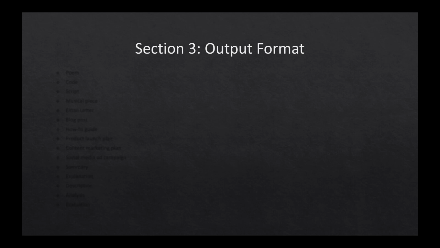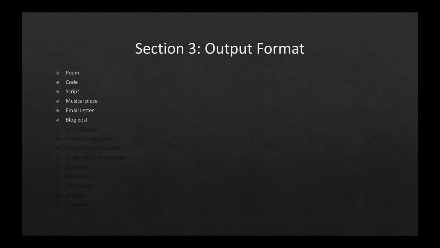The third section is the output format. Some of the commonly used output formats are a poem, if you want the output content to be a poem, a code snippet, script, musical piece, or an email or letter, if you are writing to your boss, colleague, friend, and so on.